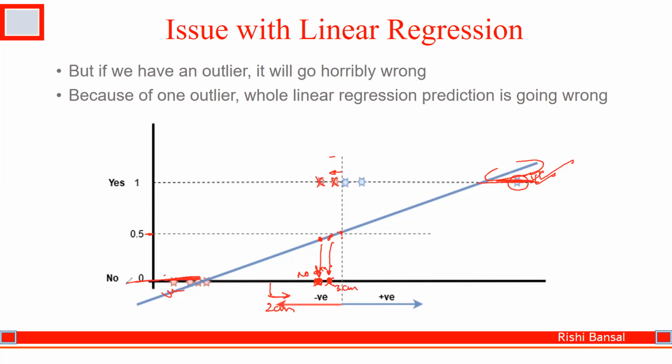Ideally it should be something like this: one straight line, then it will come till here, and then it will become straight. And even if you do like that, because of the outlier, your prediction will go wrong. So this was the issue with linear regression. That's why in classification problems, we take a different approach.